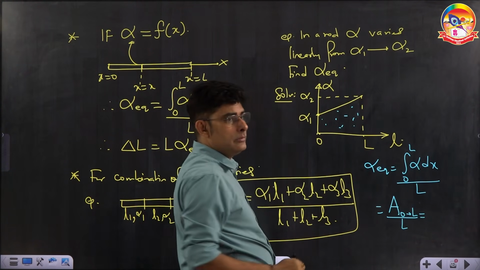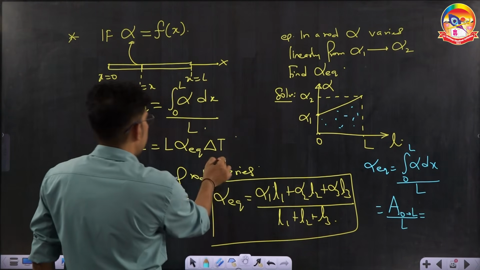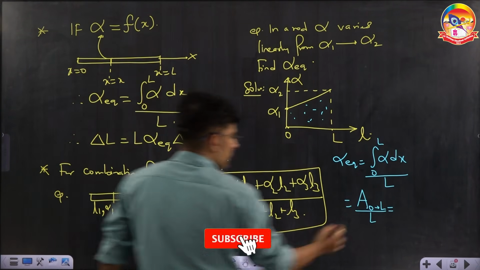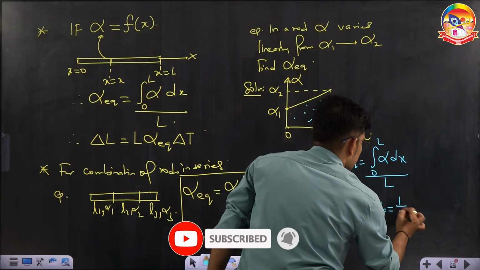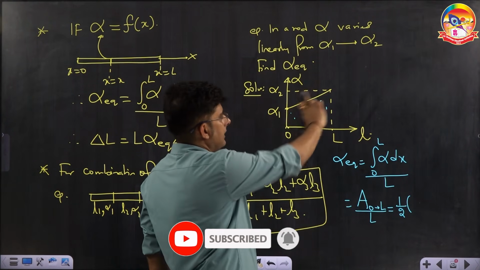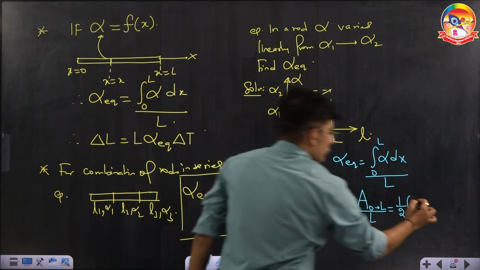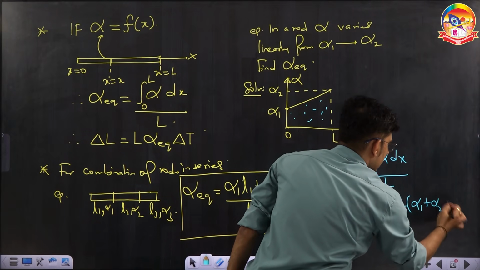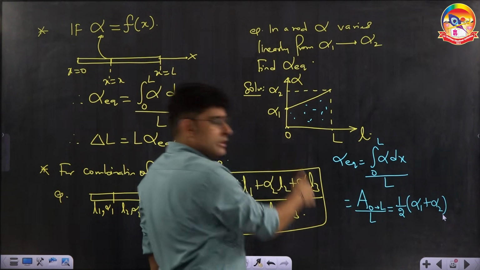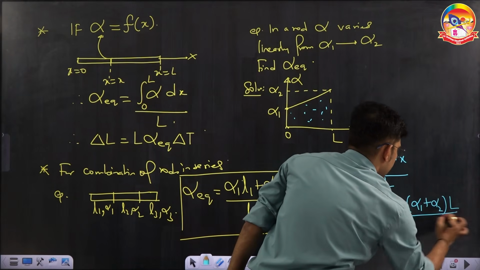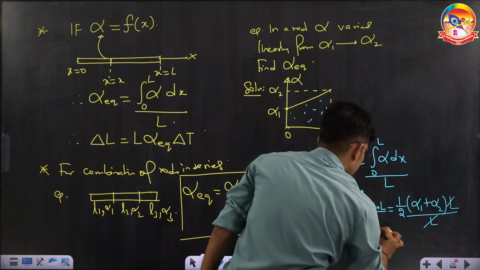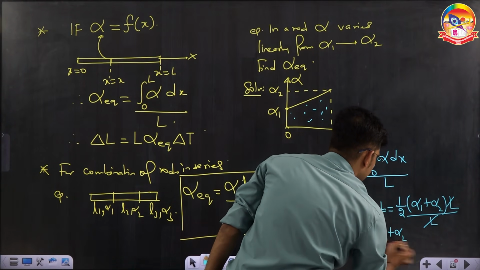This is a trapezium. For a trapezium, the area is half the sum of parallel sides. This side is alpha 1, this is alpha 2. So alpha 1 plus alpha 2 into, this is how much? L, and whole divided by L. L and L cancel, so it is alpha 1 plus alpha 2 by 2.